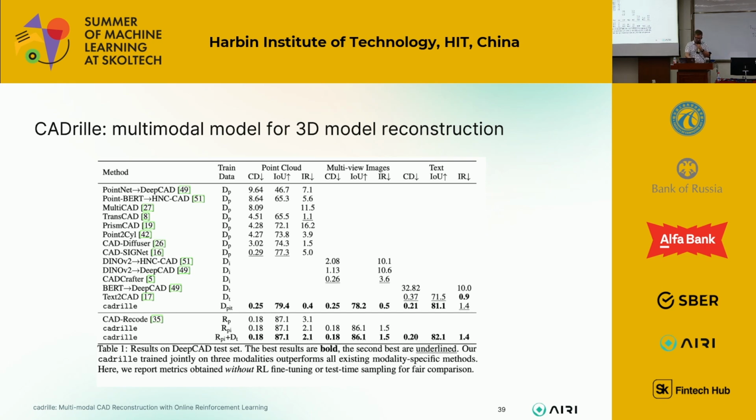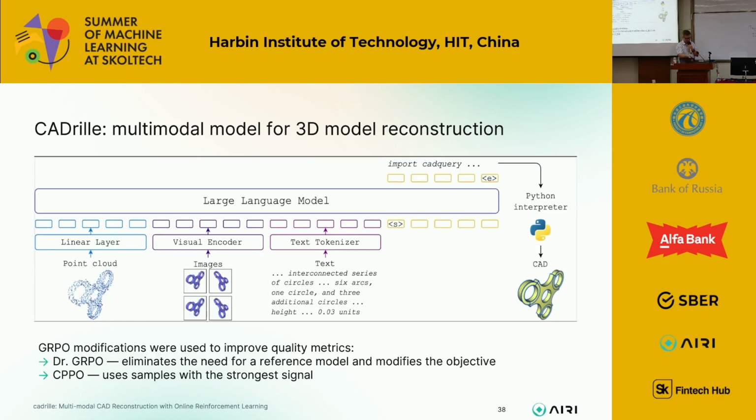And taking another dataset like CAD-Recode, which is correlated with the same title of the model itself, CAD-Recode, we see that the improvement that was done by GRPO modifications gives us much better results in comparison with the baseline model.